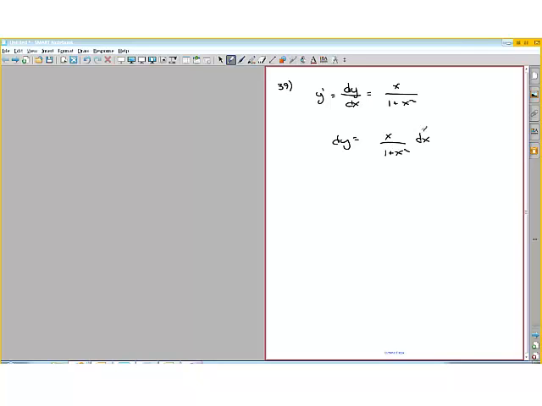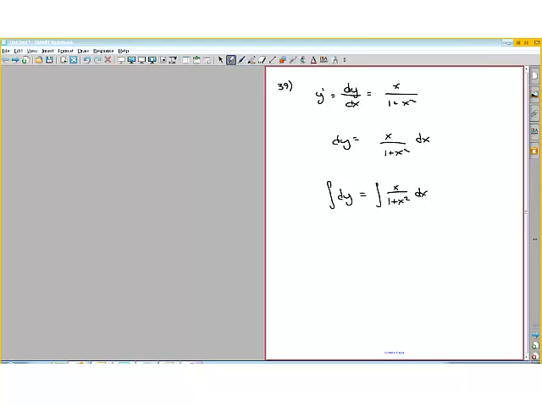What we end up with is all the terms involving y on this side, all the terms involving x on this side, and we use a process which we'll call separation of variables. If you can get everything separated like that, then you can just integrate both sides. So we have the integral of dy is equal to the integral of x over 1 plus x squared dx.